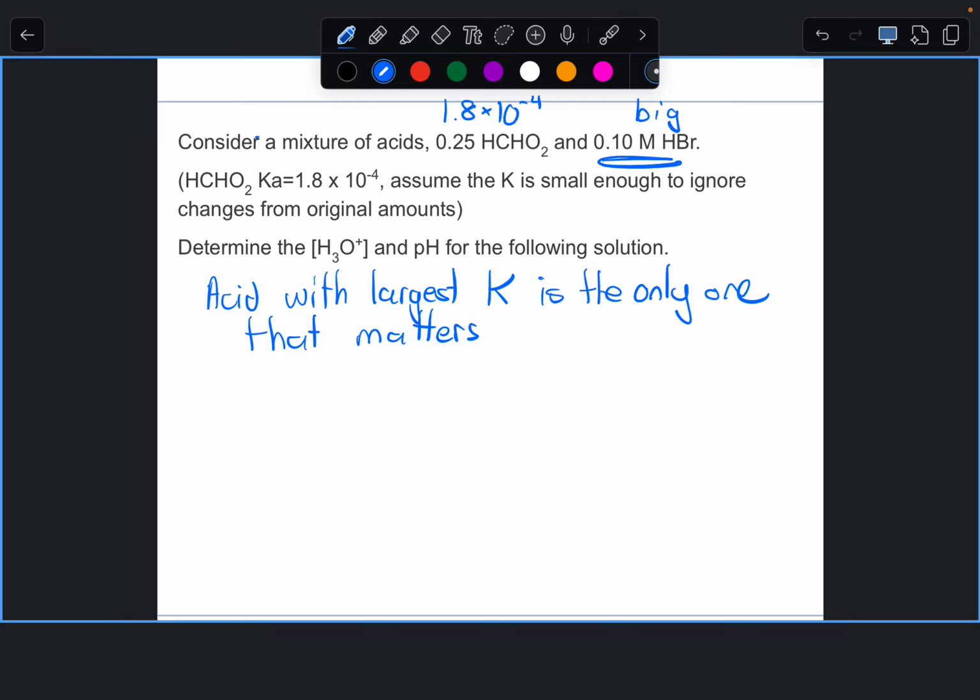So really what we're saying is that the pH is going to be completely dependent on that strong acid, okay? Yes, the weak acid will contribute a little bit of H3O+ to the solution, but not enough to change the pH significantly. So we literally would just go H3O+ equals 0.1 molar, and then the pH is the negative log of that, or 1.